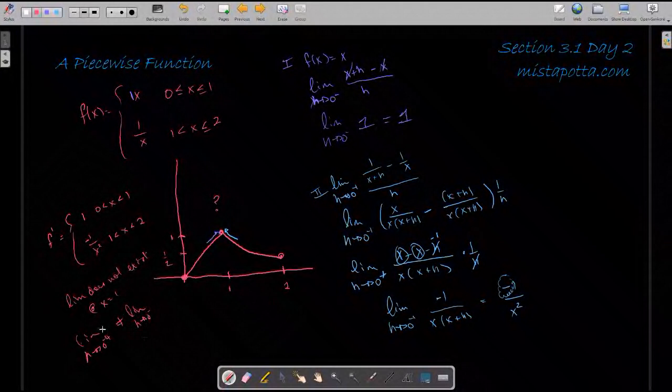And so this violates the idea that the left-hand limit can exist, the right-hand limit can exist, but the limits have to be equal in order for the limit as a whole to exist. And so I really can't say anything about what happens at x equals 1 except that at x equals 1, our derivative is undefined.